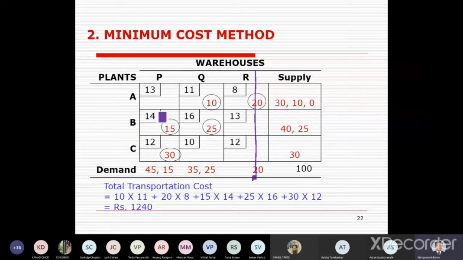And for plant A, 20 units are already shifted and the only remaining units are 30 minus 20 equal to 10.